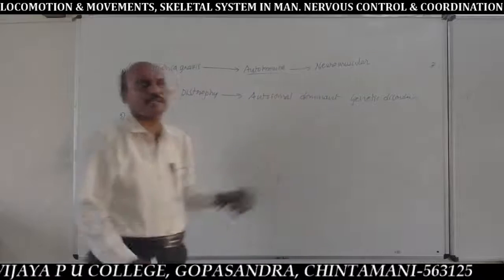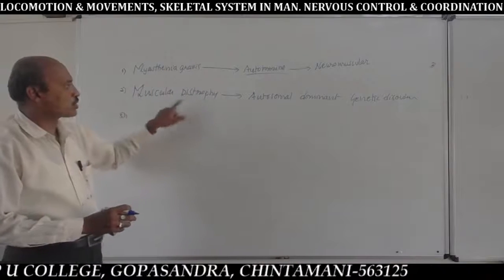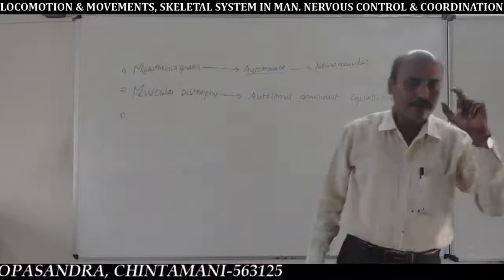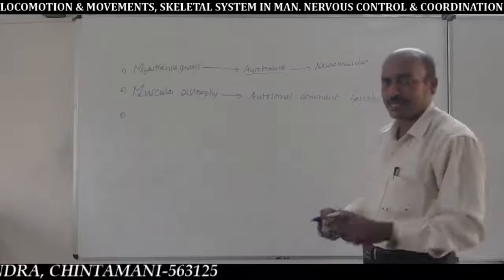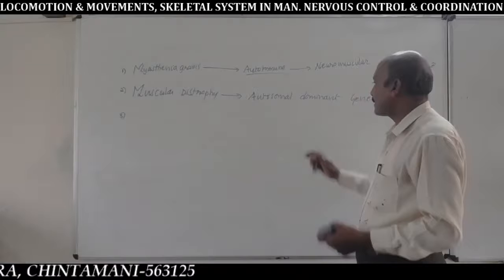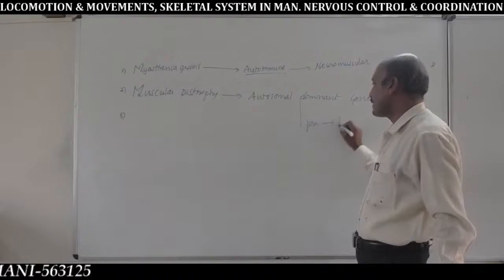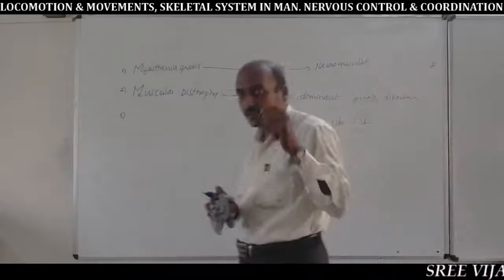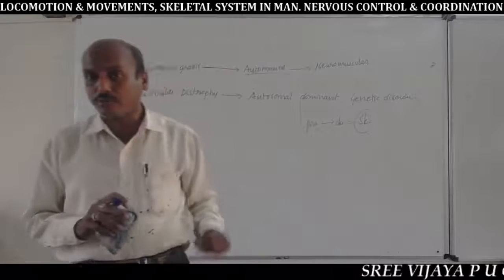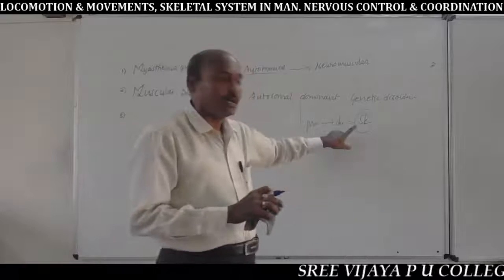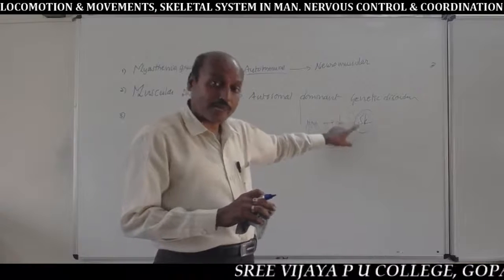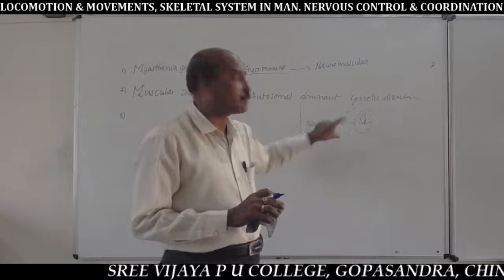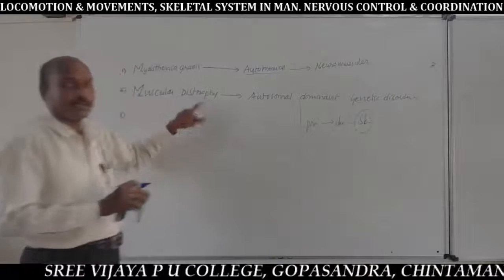You should remember this statement. Muscular dystrophy is a type of autosomal dominant genetic disorder. It leads to progressive degeneration of skeletal muscles. Continuous loss of skeletal muscles, voluntary muscles, or striped muscles, or striated muscles is the problem of muscular dystrophy.